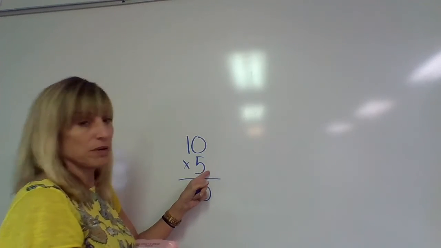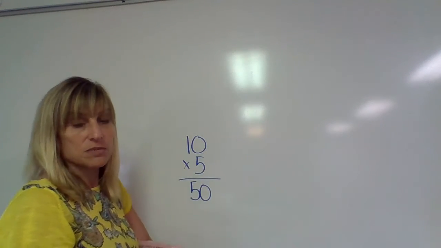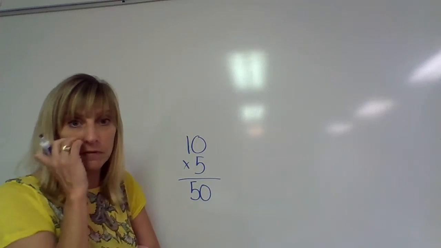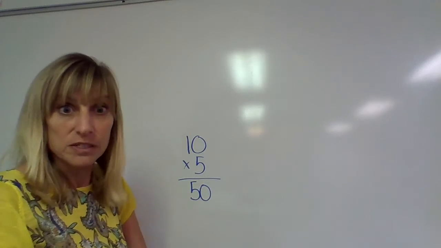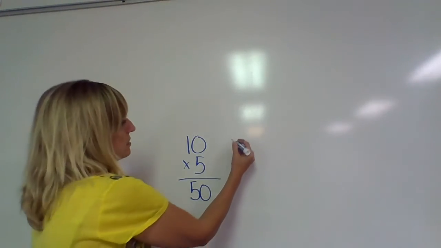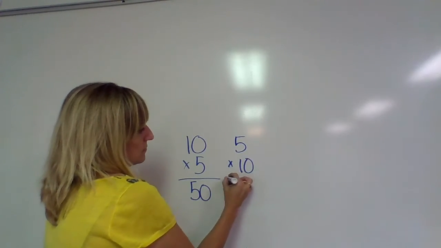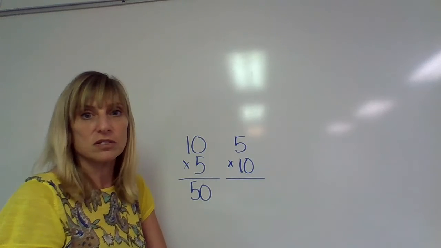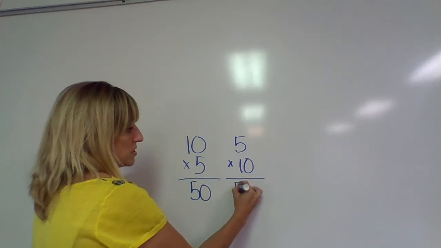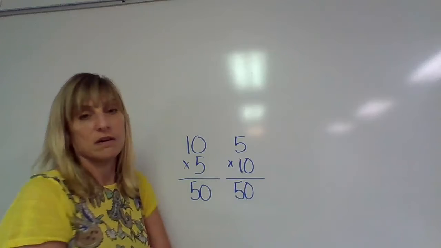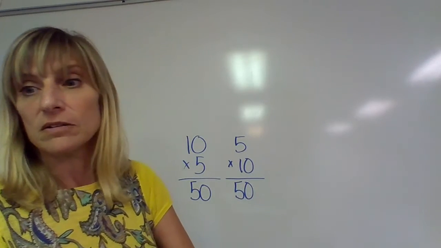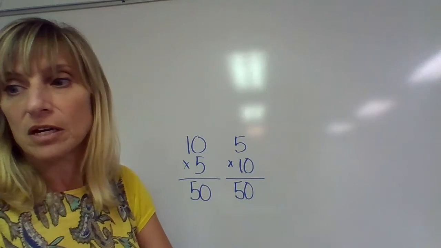Or you can count by 5s 10 times: 5, 10, 15, 20, 25, 30, 35, 40, 45, 50. And then the next one is 5 times 10. Same factors, just different order, but they still equal 50. Okay, we're on number 2, if I haven't mentioned that.